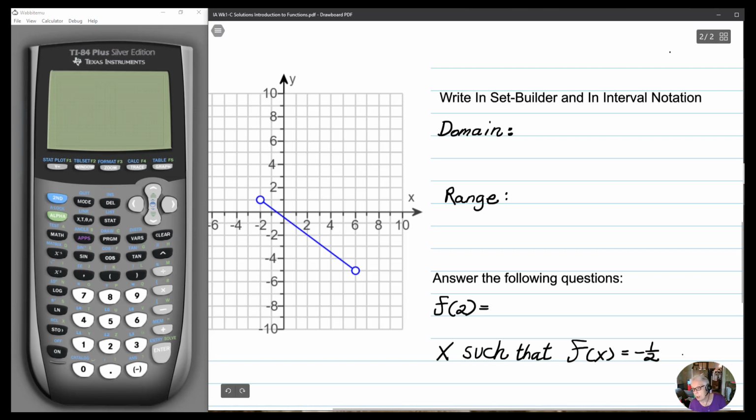All right, so I'm going to write set builder notation and interval notation. Now, let's go ahead and review this.